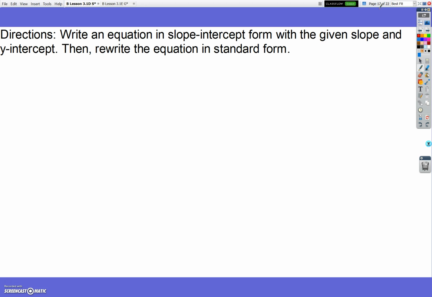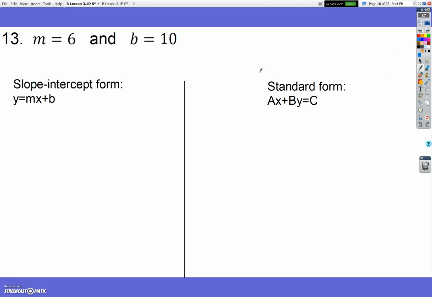So if it does have a fraction or a decimal, we need to do a fraction buster or a decimal buster. So it says write an equation in slope-intercept form with the given slope and y-intercept, then rewrite it in standard form. So what I want to do is I have this information, and then I'm going to convert it into standard form. So first I need to write it in y equals mx plus b form.